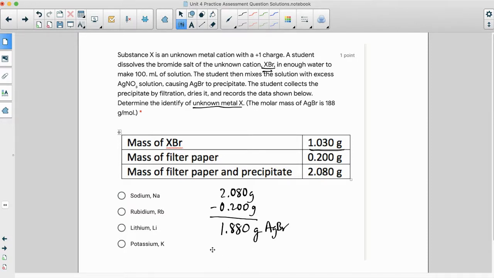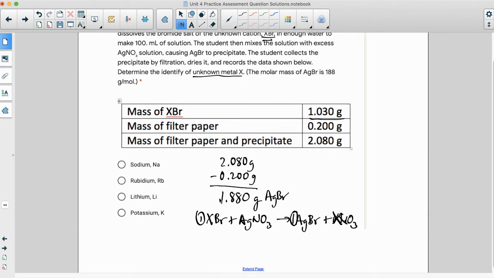If we look at a reaction between XBr and AgNO3, we'll see that the ratio between the AgBr and the XBr is 1:1. So whatever moles of AgBr were formed, it came from the same number of moles of XBr.